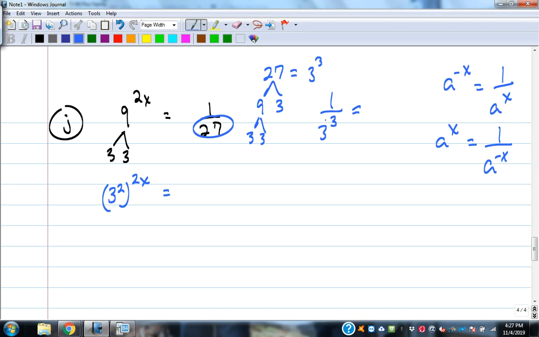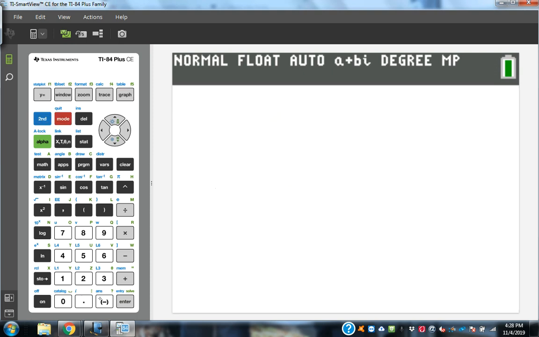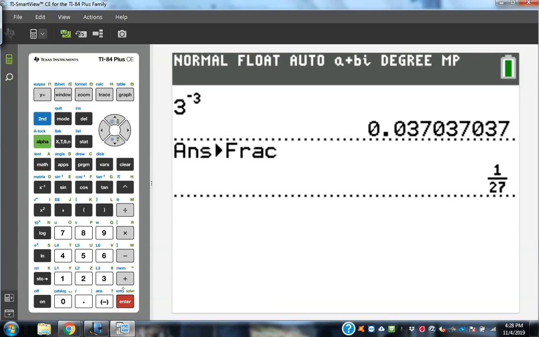So here, if it's positive in the denominator, but we want to rewrite it to where it's not a fraction, I can move it up to the numerator and get 3 to the negative third. That is the same thing as 1 over 27. And you can check that with your calculator if you need to. 3 raised to the negative 3, and then hit math, enter, and it'll crank back that fraction.